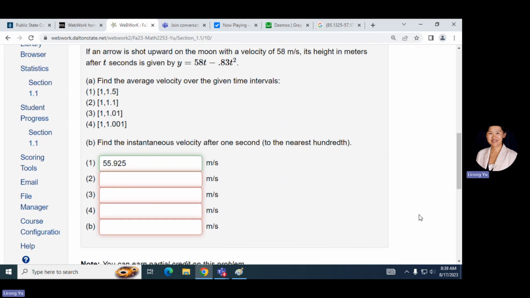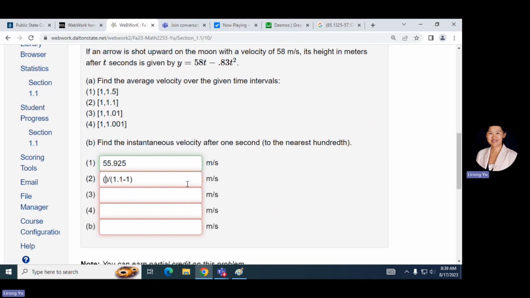All right. We do the same thing for all of the rest. You can do the calculation on a calculator and enter the final answer, or you can enter the entire calculation in here. For example, for the second one, it's really a division. The denominator is the subtraction of the two x values, 1.1 minus 1.